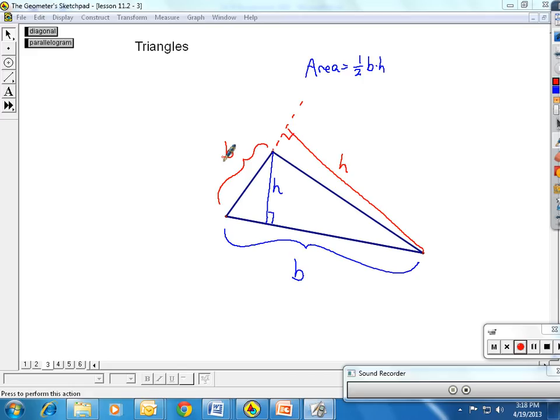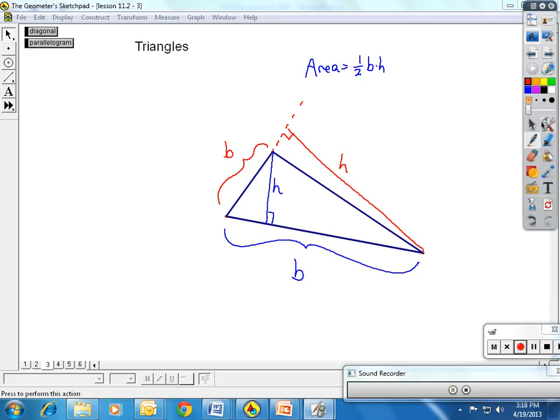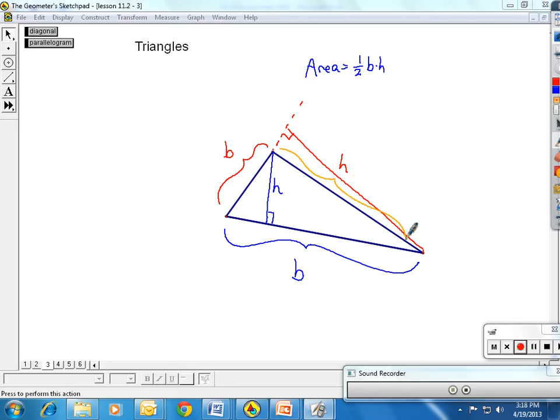And I could look at it from one more direction. Let's pull another color up. We'll use orange. And here I'm going to let this be my base. Hopefully you can follow my colors here. Now what would be my altitude or height? I have to be starting from here, extending this over, and that would be my height.